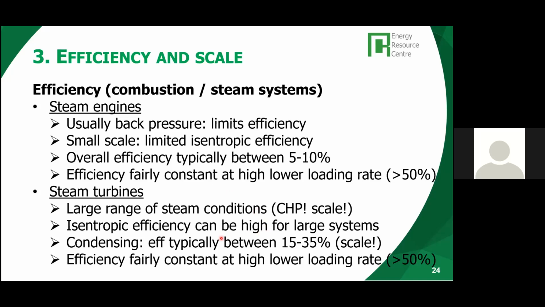For larger systems, you can get quite high isentropic efficiency of turbines, and if you really aim for electricity production at larger scale with a condensing turbine, you could have efficiency running from roughly 15 to 35% maximum efficiency, and that's very much depending on system scale.